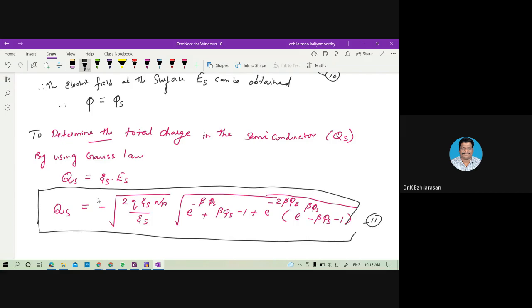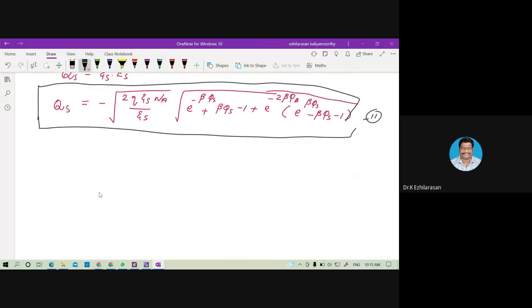Now we need to calculate the threshold voltage. The ultimate aim is only to find the threshold voltage, because when you apply the voltage between the gate, that is the top metal, and the bulk at the bottom, there is no direct electricity from the metal to the semiconductor, because you have an insulator in between.